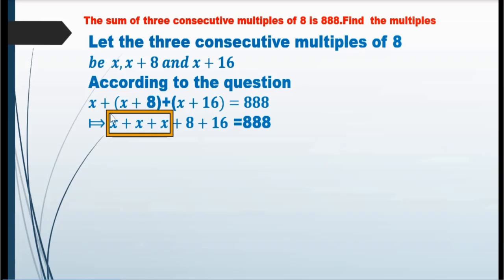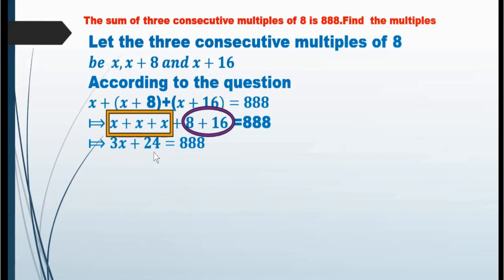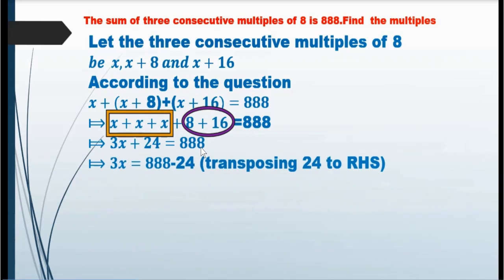On grouping and adding, x plus x plus x will be 3x, and 8 plus 16 will be 24. So 3x plus 24 will be the LHS, and the RHS is 888. Transposing 24 to the RHS, we get 888 minus 24 in the RHS, and in the LHS 3x is remaining.